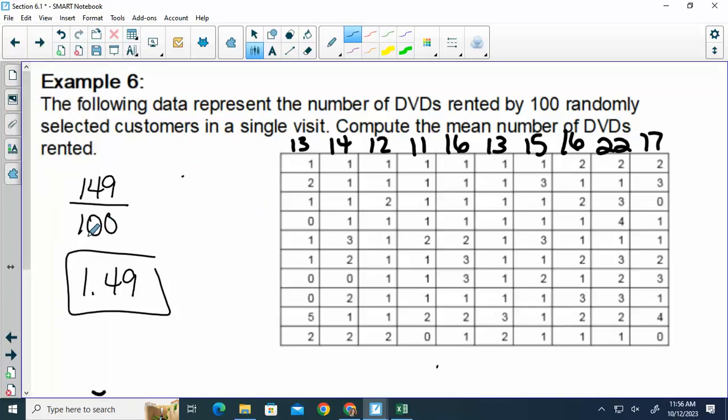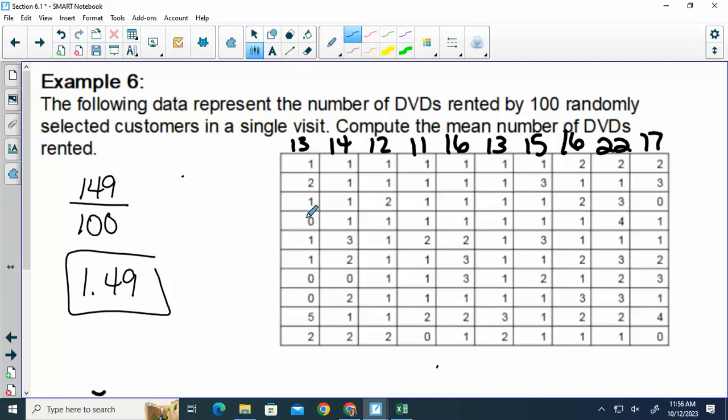Alright. Mean can also be referred to as the expected value. So we've talked before, like if I'm rolling a dice, what would be the probability of rolling a 4? 1/6. But if I roll it 6 times, does that mean I'm guaranteed to have gotten a single 4?